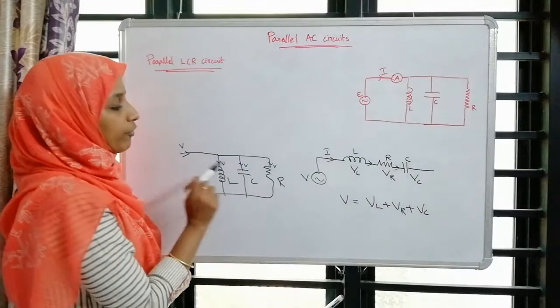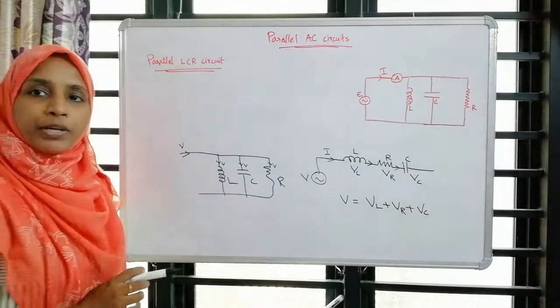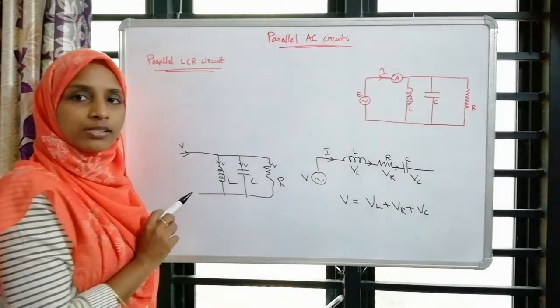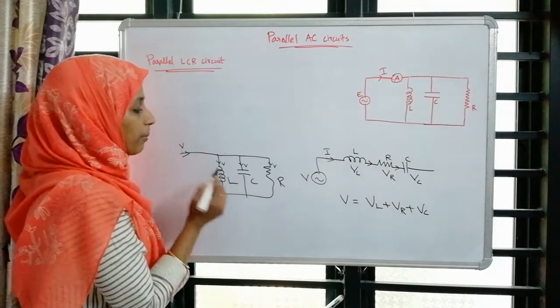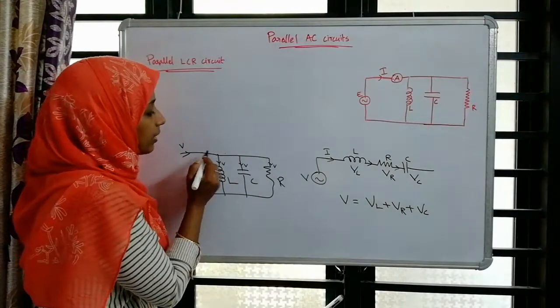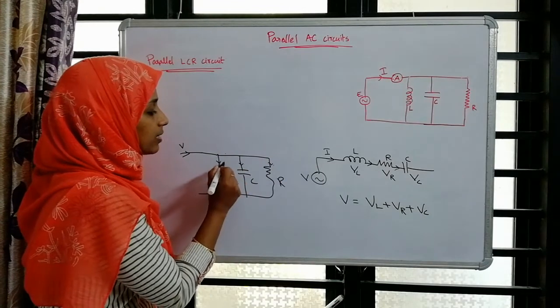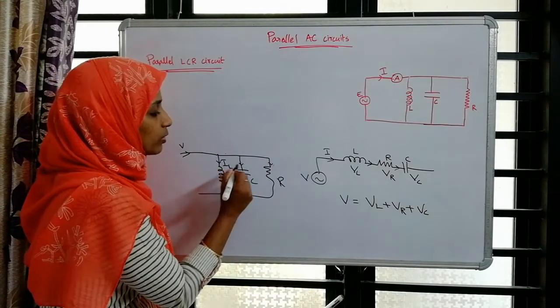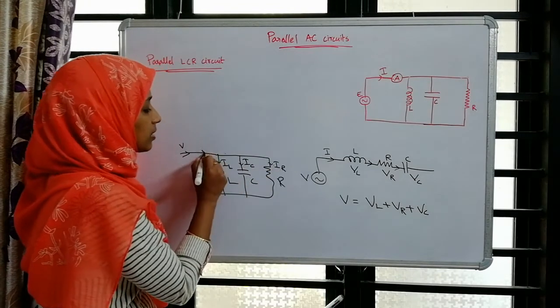So there is no need of calculating the resultant effect of V, just like we did in the case of the series resonance circuit or series AC circuits. You just remember that here the distributing factor will not be the voltage, it is the current, that is the current across the inductance, capacitance and resistance.